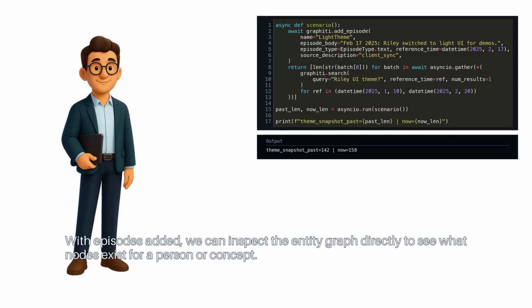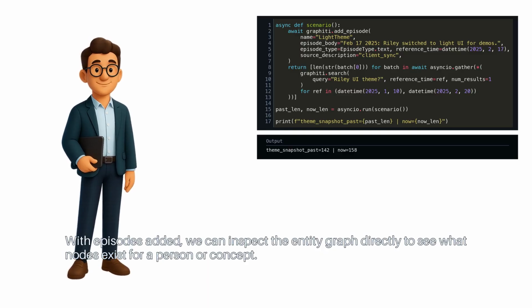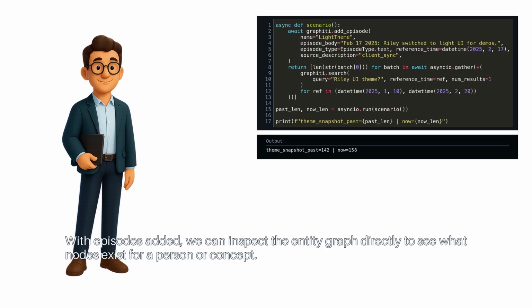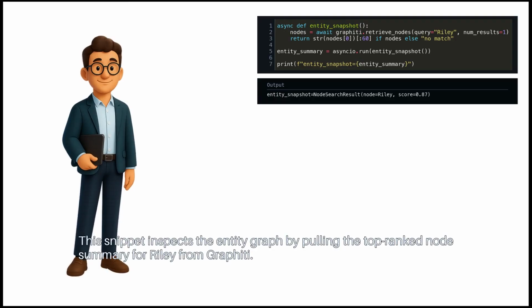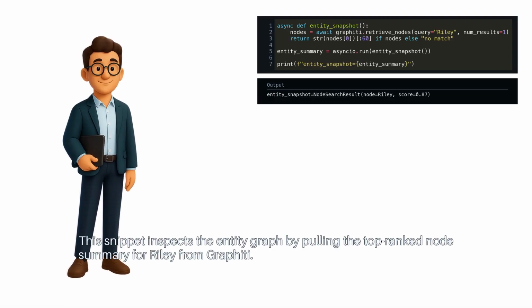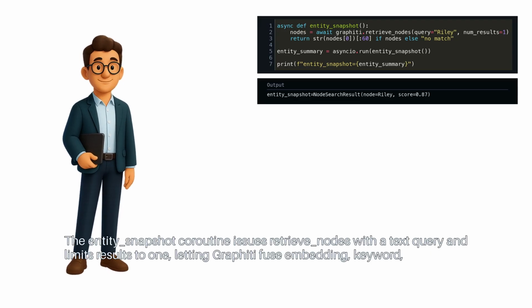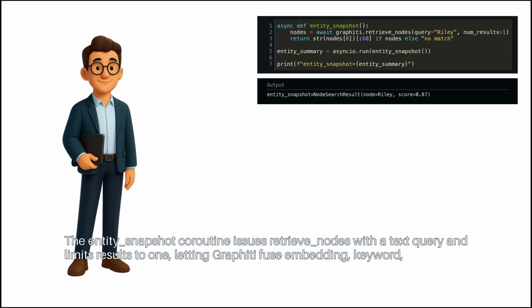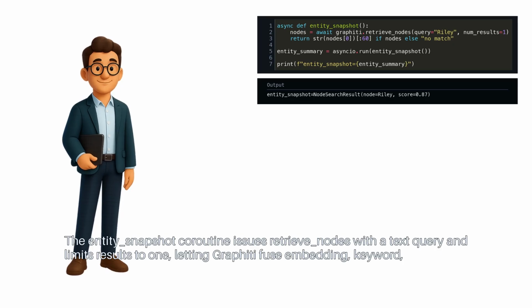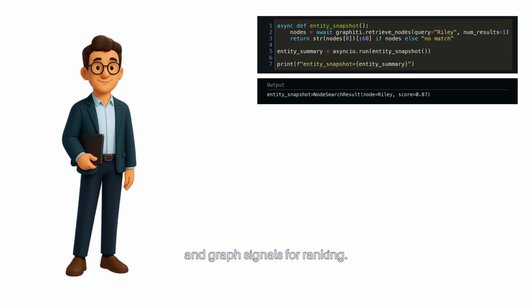With episodes added, we can inspect the entity graph directly to see what nodes exist for a person or concept. This snippet inspects the entity graph by pulling the top-ranked node summary for Riley from Graphiti. The entity snapshot coroutine issues retrieve nodes with a text query and limits results to 1, letting Graphiti fuse embedding, keyword, and graph signals for ranking.